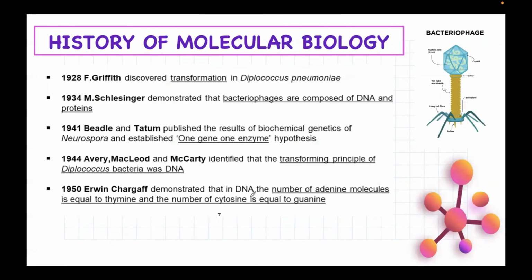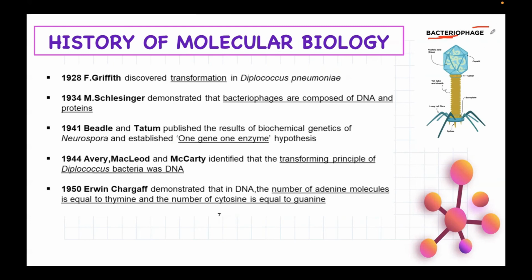Noong 1928, si F. Griffith discovered the transformation of Diplococcus pneumoniae. During 1934, M. Schlesinger demonstrated that bacteriophages are composed of DNA and proteins. So, ang bacteriophage, isa po siyang type ng virus. Even though may word na bacteria sa una, it is a type of virus that replicates in or invades a bacteria.